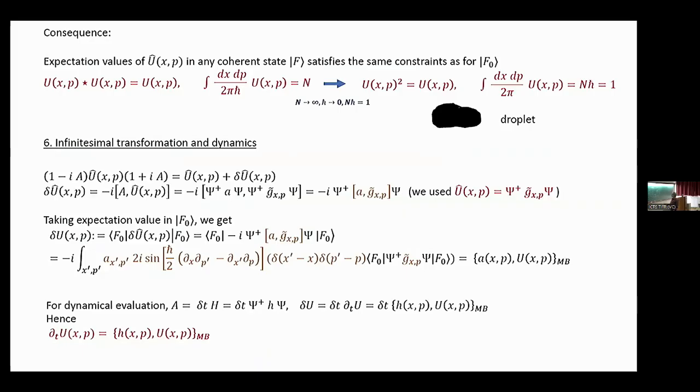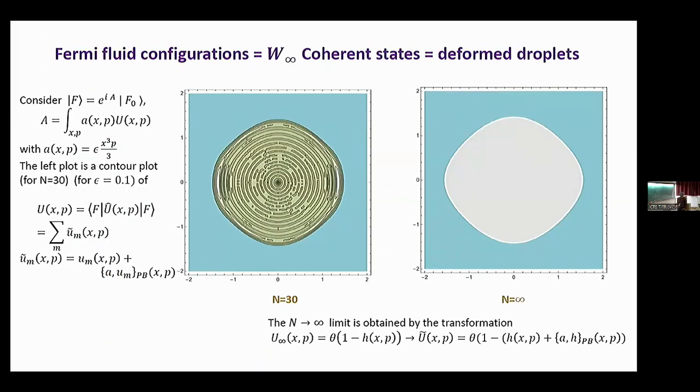And by using this fact, I can show that the expectation value evolves by Moyal bracket under any arbitrary W infinity transformation, and in particular, if that W infinity transformation is just a Hamiltonian evolution, then this says that you satisfy this quantum Liouville equation.